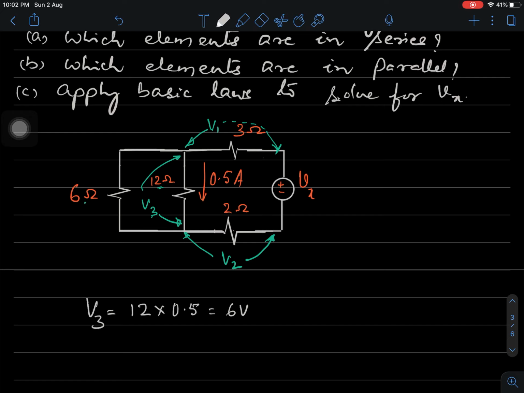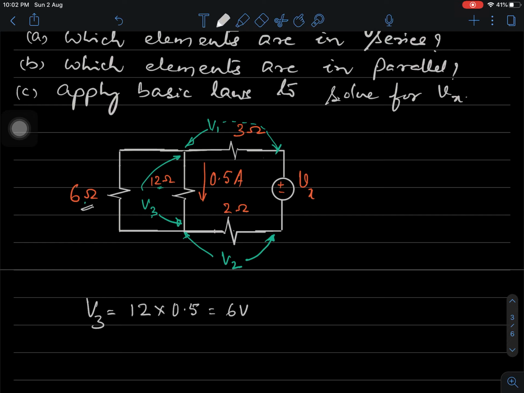Now how do we determine V1 and V2? It's simple. V3 is the potential difference across 6 ohms also, so we try to find that current.